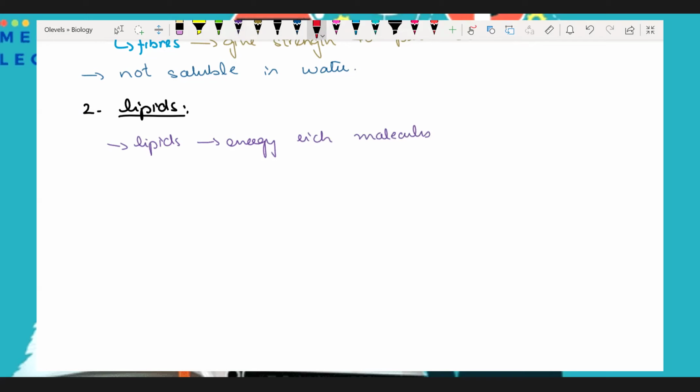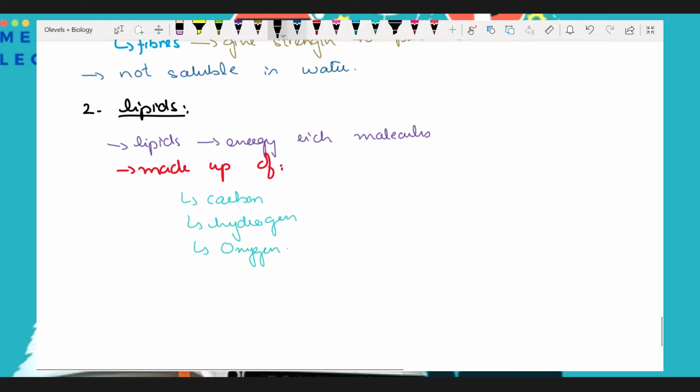And they're also made up of three important elements: carbon, hydrogen, and oxygen, right? So when solid, we call these lipids fats. And when they are liquid, we call them oils, right?